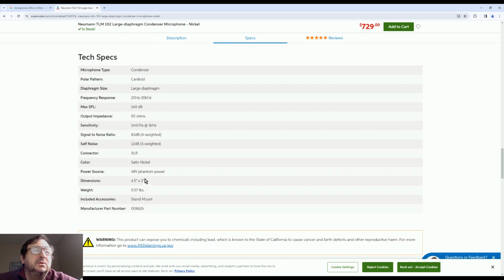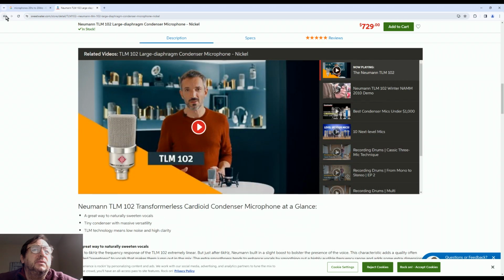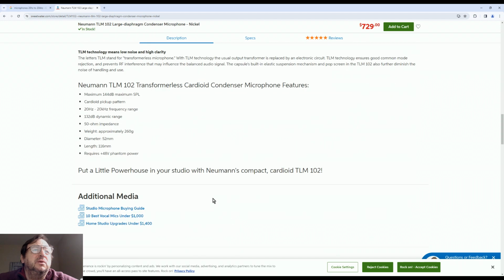So what you do is you look at bits. Some say, some don't say. So that's one thing you look at. If you want studio quality sound, you look at this 20 to 20.